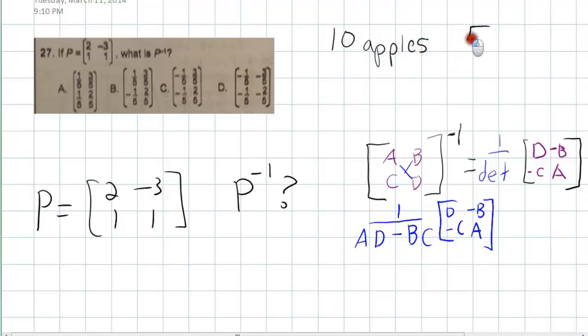How do I share my apples? Normally you would say, just do 10 divided by 5, and everyone gets 2 apples. But if you can't do that, you would need a certain inverse to get there. So you'd have to do 1 over.